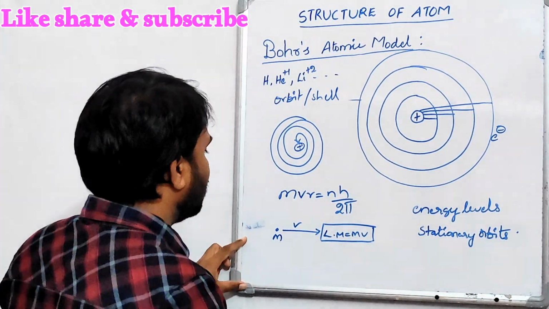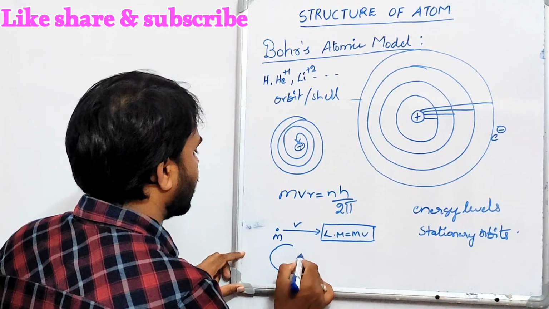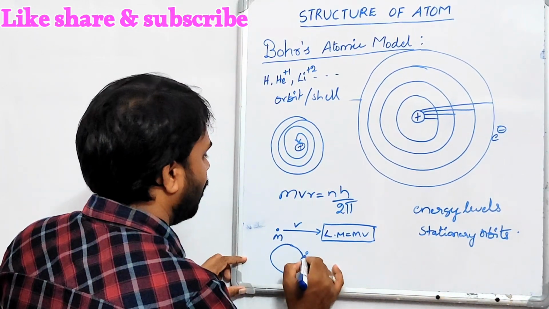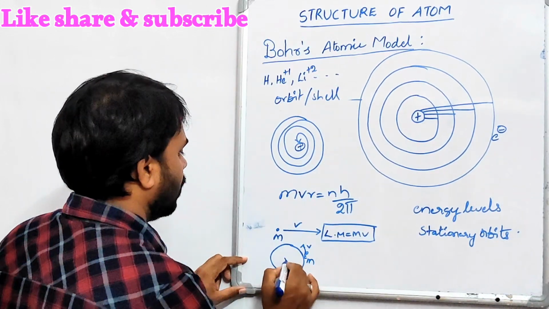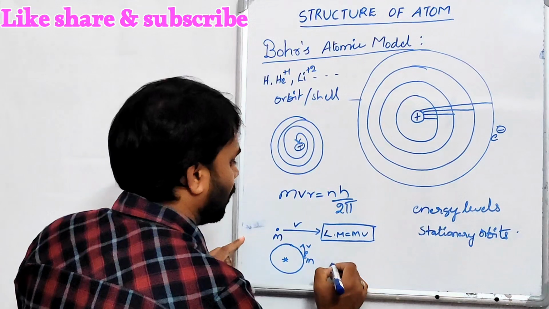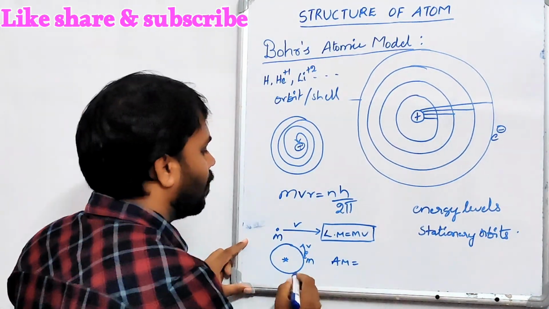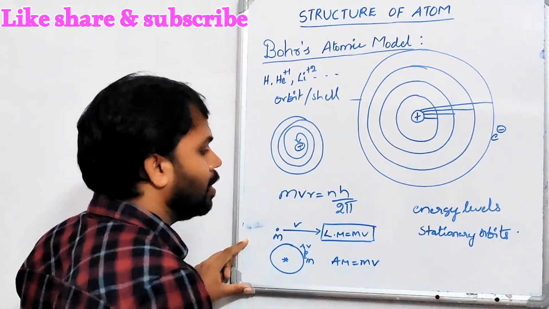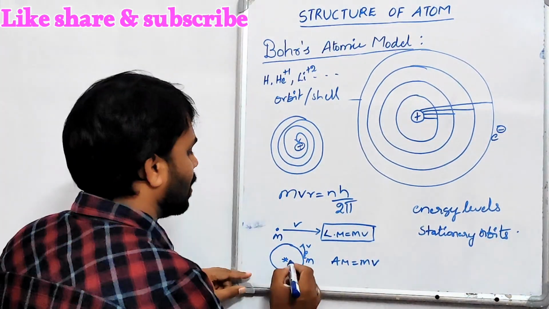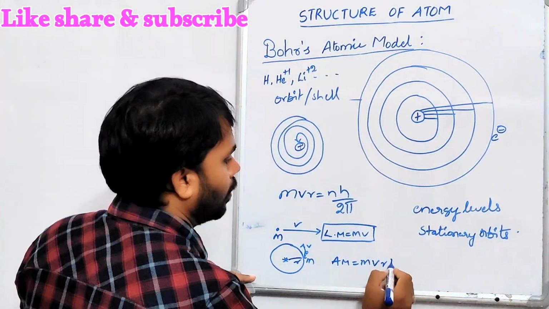Similarly, when a charged particle moves in a circular path, it has some mass and velocity v, and it associates some angular momentum. That equals mass into velocity into radius, since it moves in a circular path, so radius r is also considered.